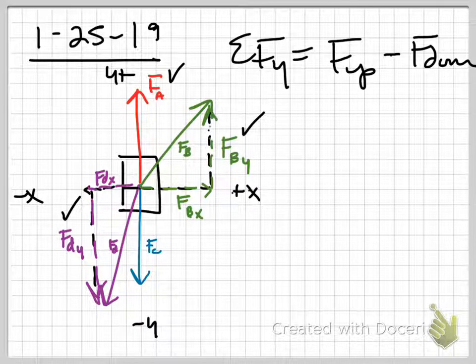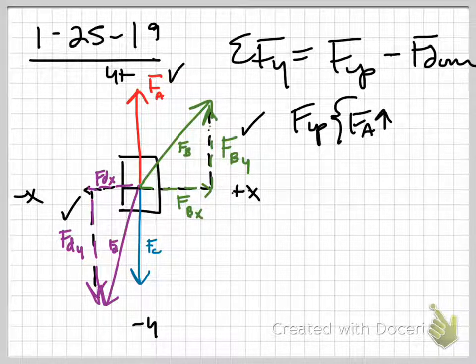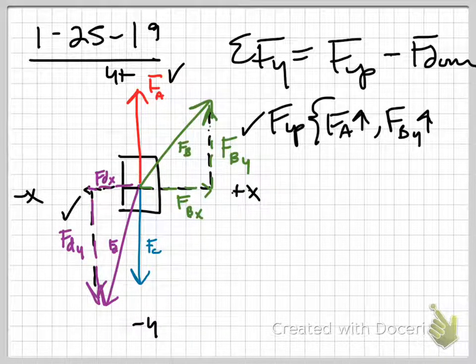So I'm going to go ahead and say, if you need to do an extra step and list all your forces up, well, let's see, forces up. I got force A, I got force B on the Y, and of course I wouldn't want to forget force D on the Y, but that's down.